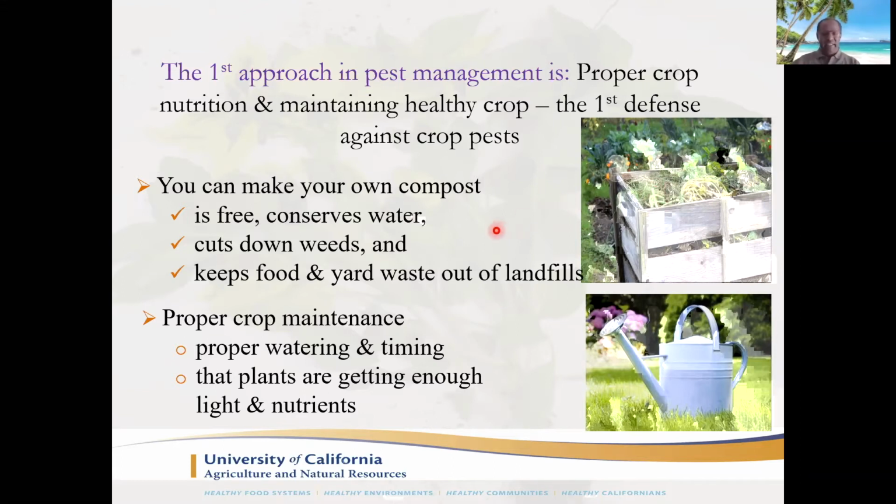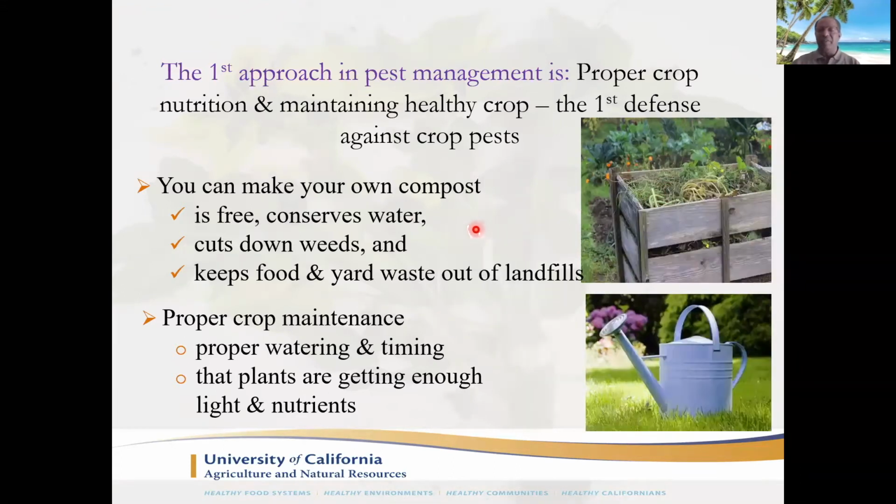So that is free. It conserves water. It cuts down weeds when you do so, and it keeps food or yard waste out of landfill. So there are many benefits from doing your own compost.